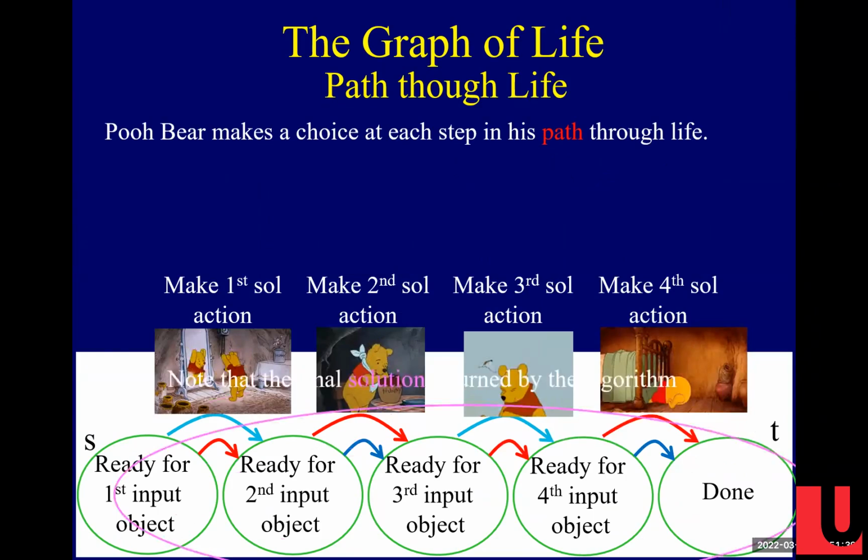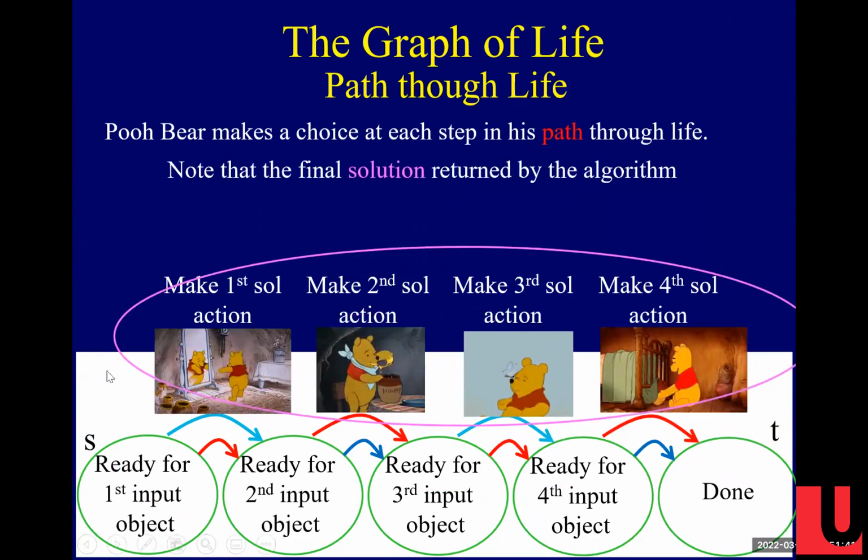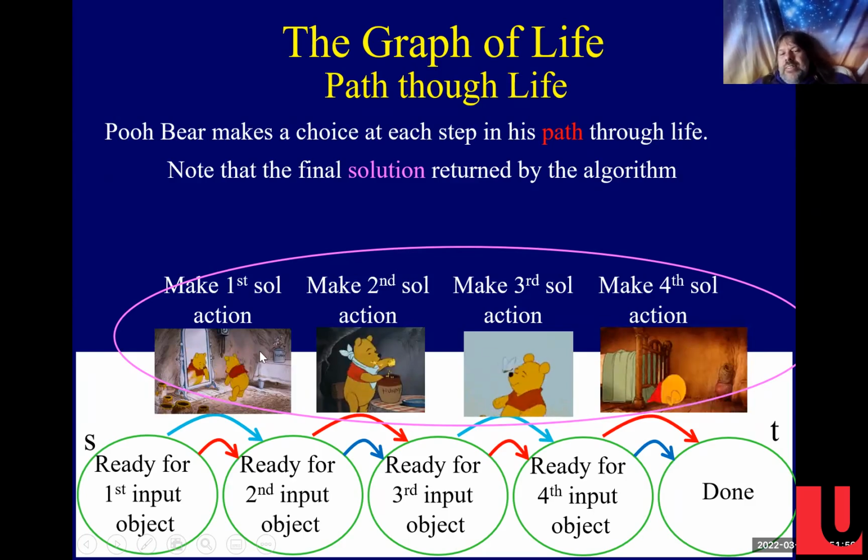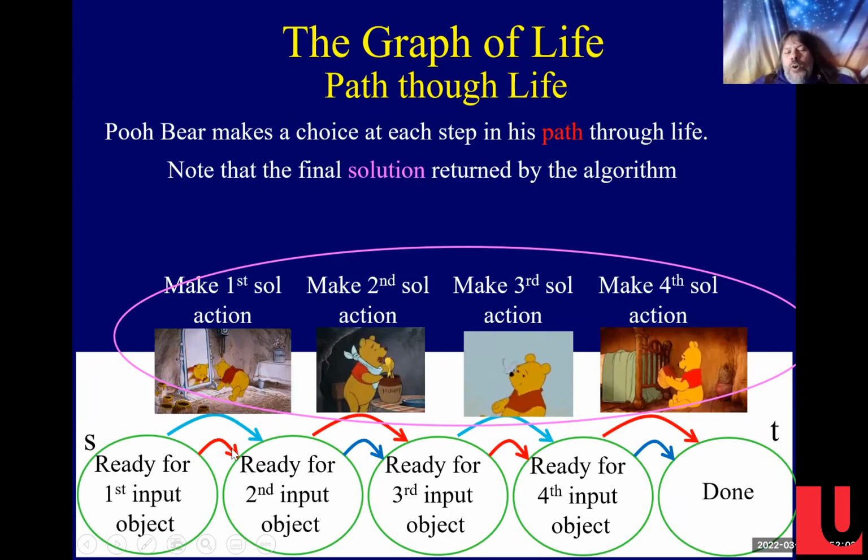Yes. Excellent. Now, note that the final solution returned by the algorithm corresponds to the path that he took, right? Remember, a solution is a sequence of actions, or the sequence of decisions that he made. Here he had to decide, do I exercise or do I eat? And that's a choice.